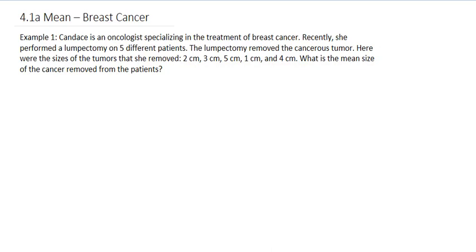So, to solve this problem, we first need to understand the mathematical word mean.